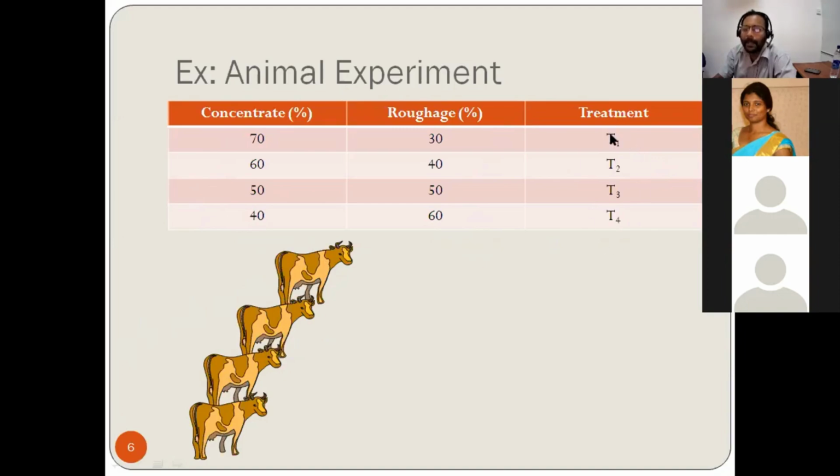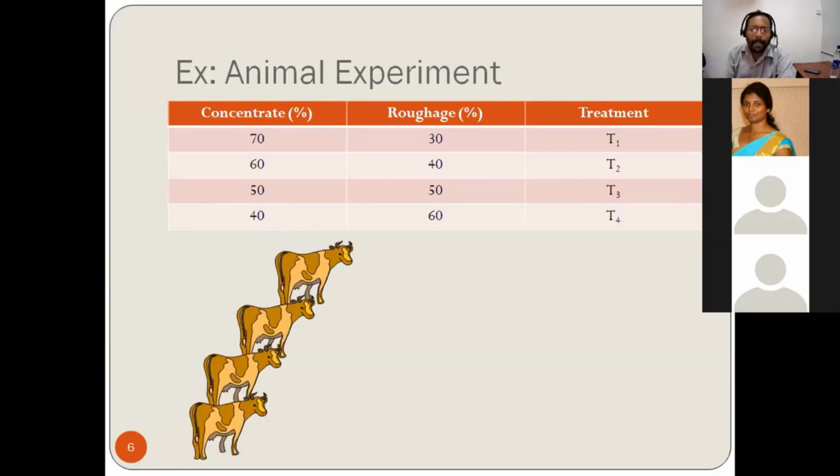Same breed. Exactly, same breeds. You have 4 treatments, take all cows of the same breed. Now let's say you have come to a conclusion, you are going to take all 4 cows from the same breed. That is fine. That is the first step.